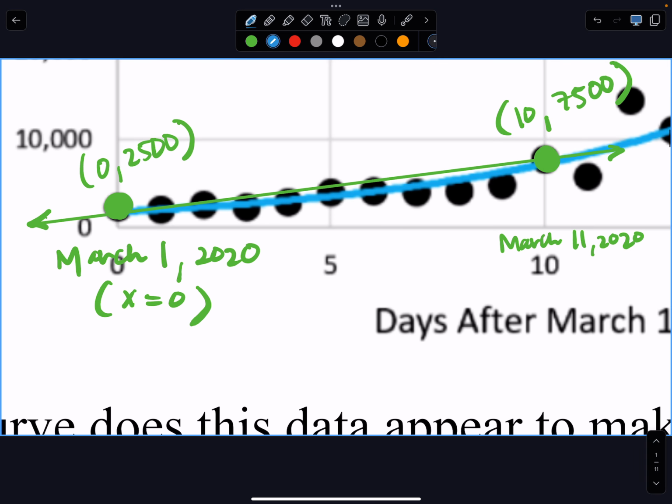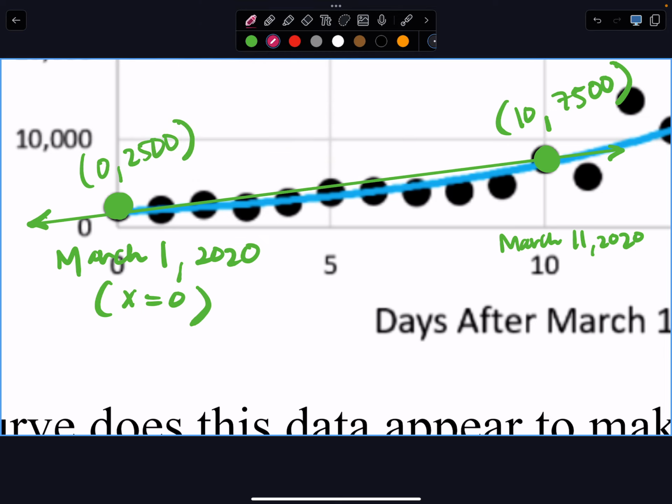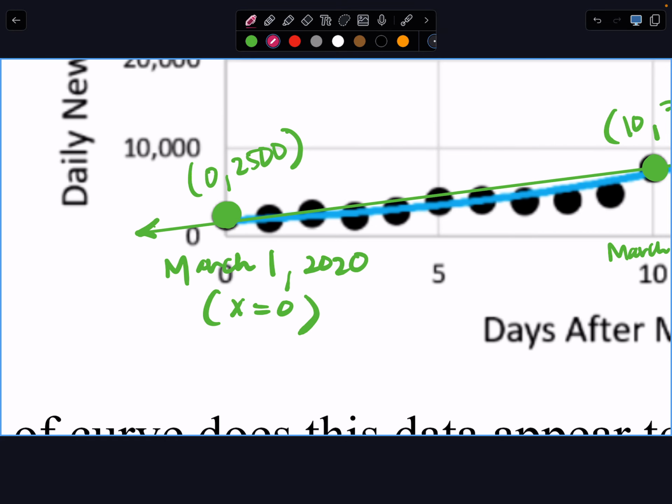Now, we're going to focus in. So March, let me use another color here. March 5th would correspond to when x is equal to what?